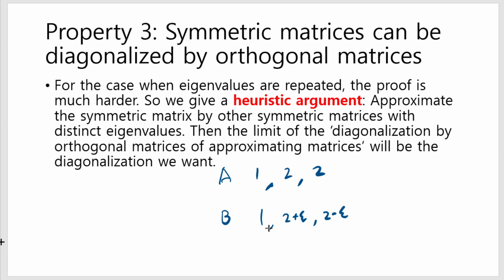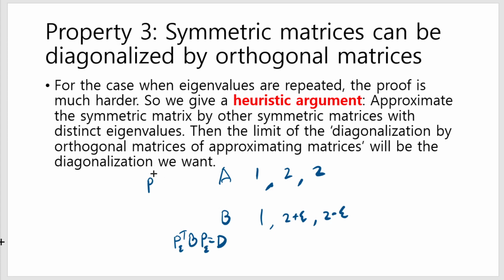Now in this case, you have distinct eigenvalues, so this can be diagonalized by the orthogonal matrix P, so that this is a diagonal matrix. And what you do is you can now take a limit where epsilon goes to 0, so that B eventually gets close to A, and that's going to change our P, but still this limit will exist, and some P will be there, so that even for this one you have some P. So think of these as something that depends on epsilon.